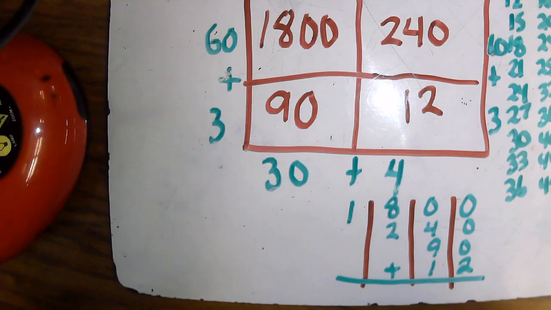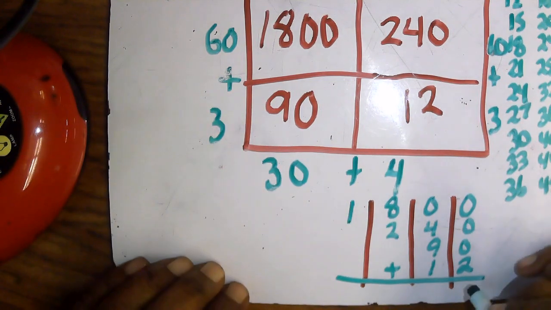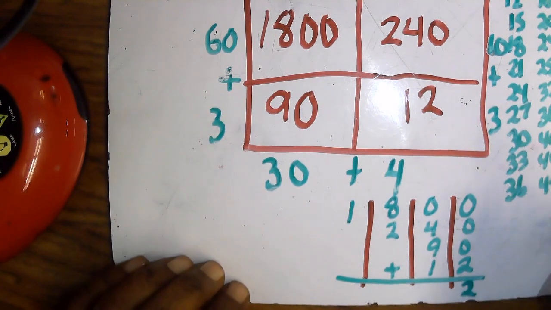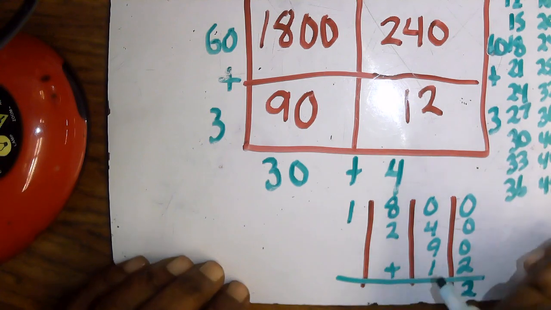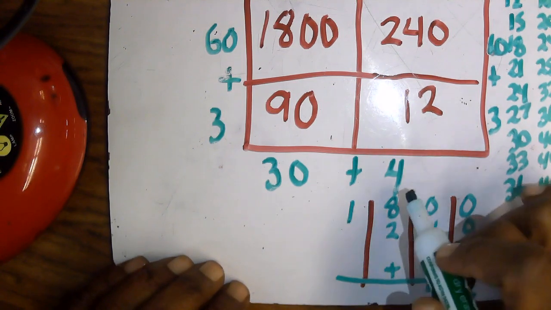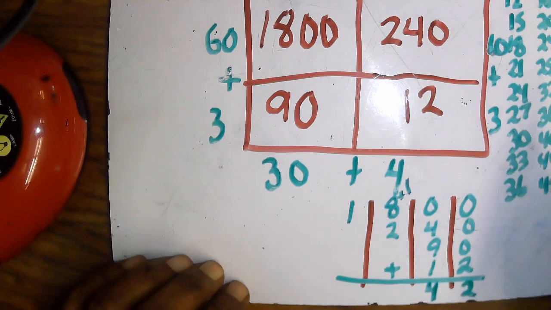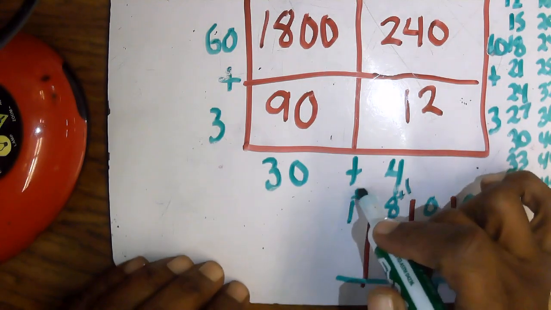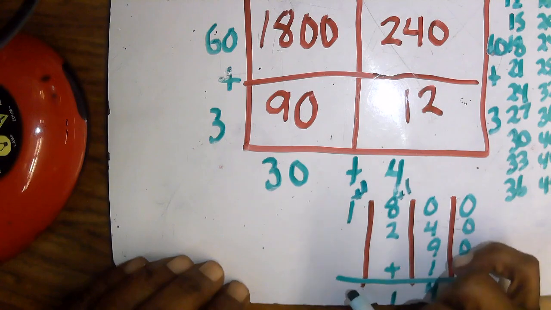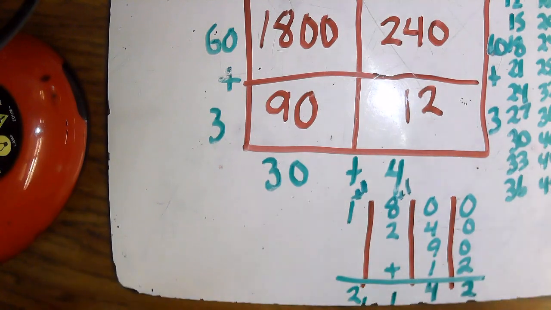Okay? 2 plus 0, class? 9 plus 1? Plus 4. So I'm going to do a 4, put our plus 1. 9 plus 2? 11. And 1 plus 1? So our answer is 2,142. Make sure you have a comma.